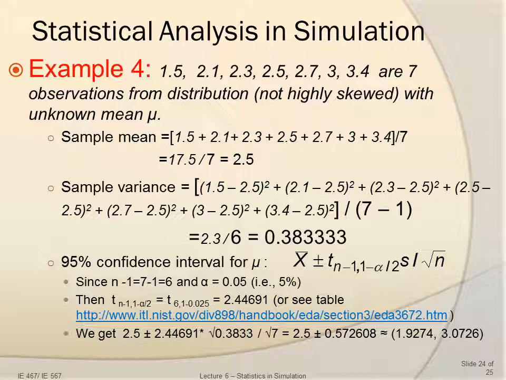So we get the square root of 0.383 divided by the square root of n, which is 7. And so these are the values for the interval. We have 2.5 plus minus, and when we subtract, we get the lower value of the interval, and when we add, we get the upper value of the interval.